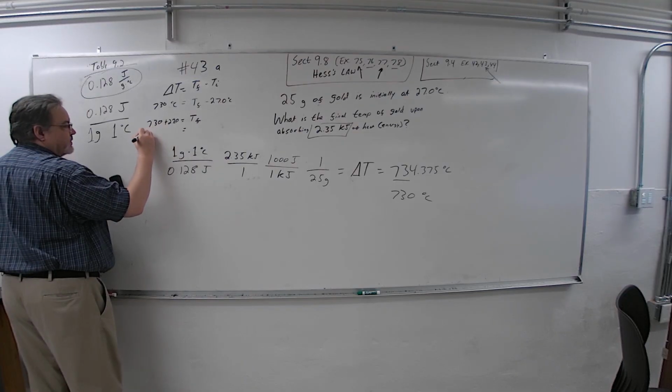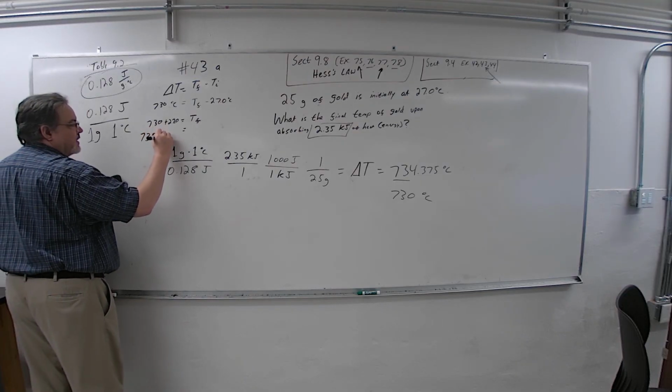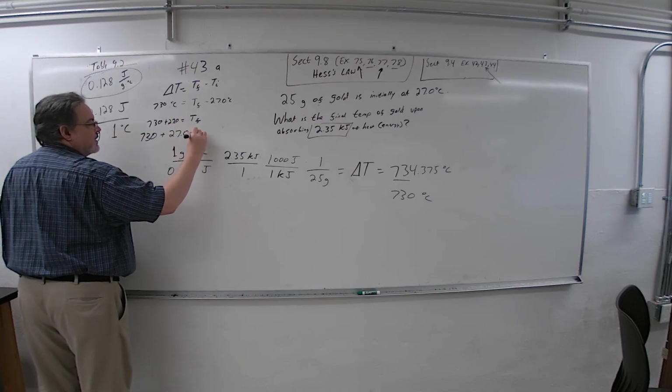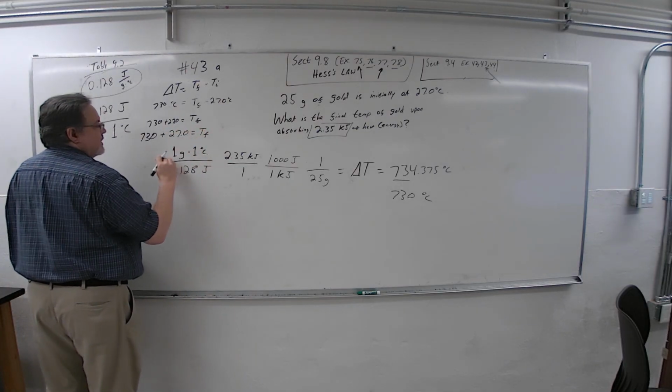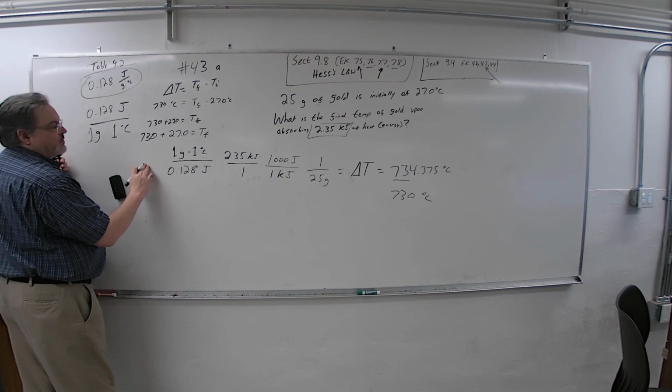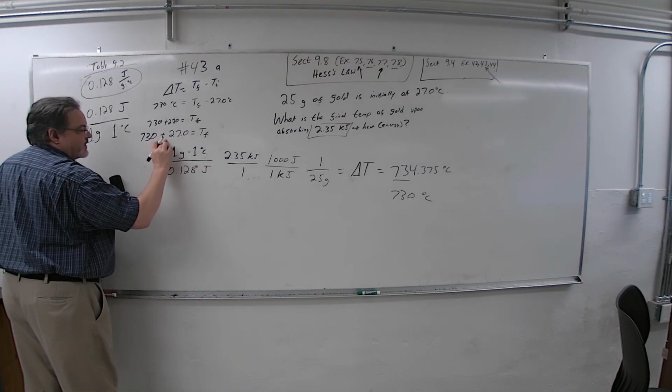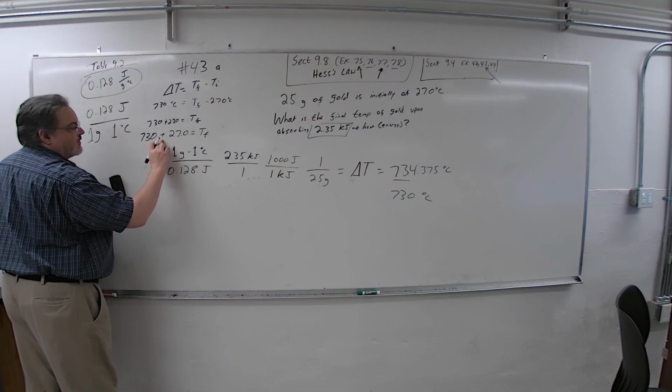If we follow the rules, I get the feeling they didn't. The addition subtraction rule says this has 1 after the decimal, this has nothing after the decimal, so our answer has to have nothing after the decimal.